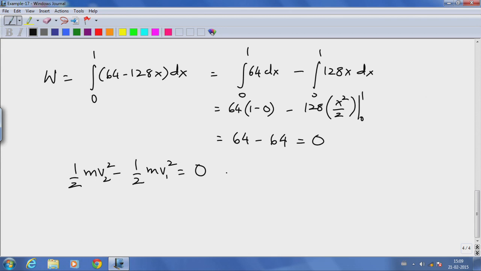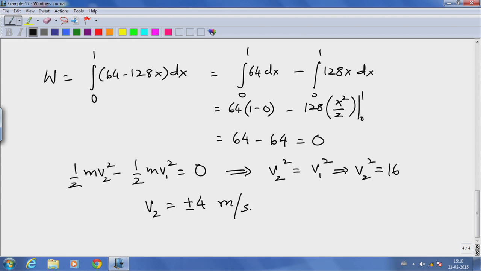Now, we do not know v2, but we do know v1, which implies v2 squared equals v1 squared. If v2 is unknown, v1 is 4. What we do know is v2 is plus or minus 4 meters per second.